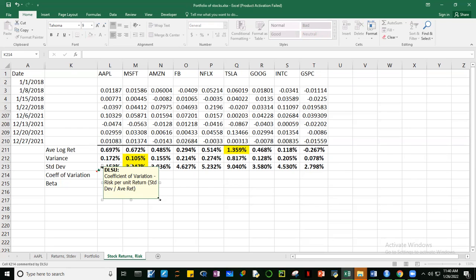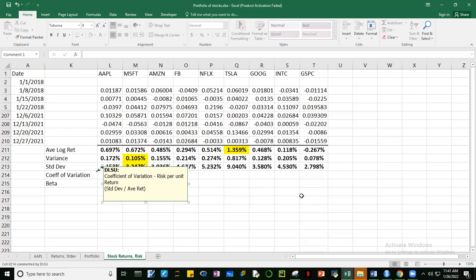Okay. So we use this, guys, in order to compute, to determine which among the stocks is the best performer, considering both returns and risk. Kasi in terms of return, si Tesla. In terms of risk, si Microsoft.